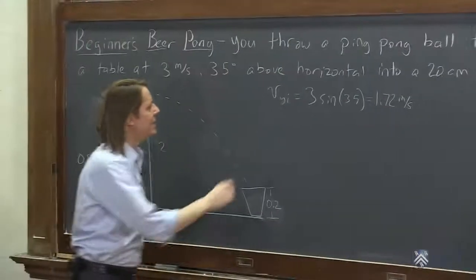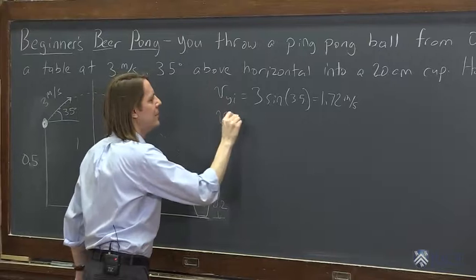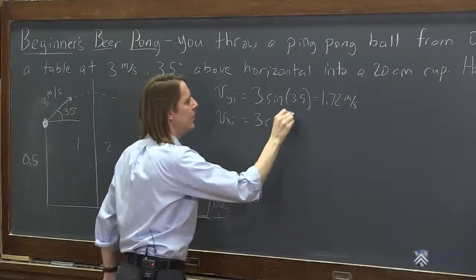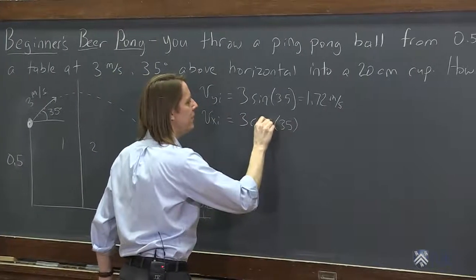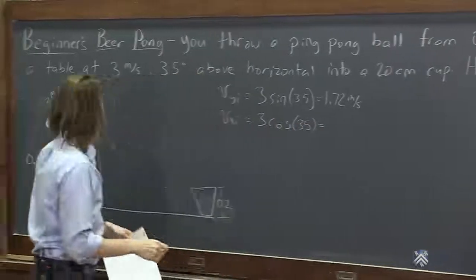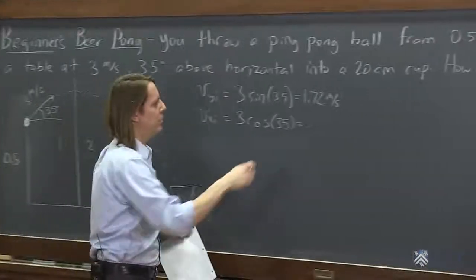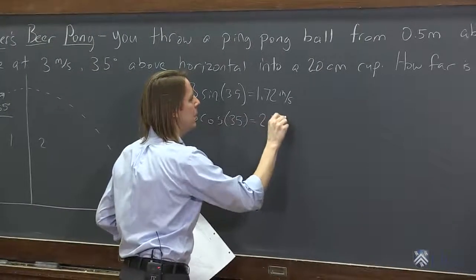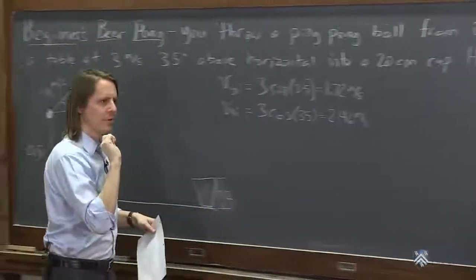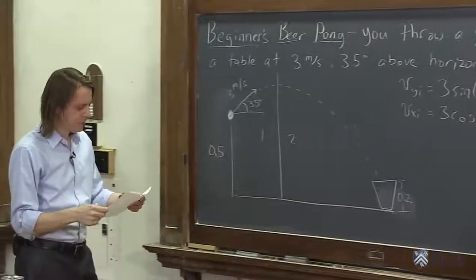All right, and then we need the x. The x initial is 3 times the cosine of 35, which is, of course, the speed it's going forward, 2.46 meters per second. The horizontal is larger because I didn't throw it at that big of an angle, 35 degrees.